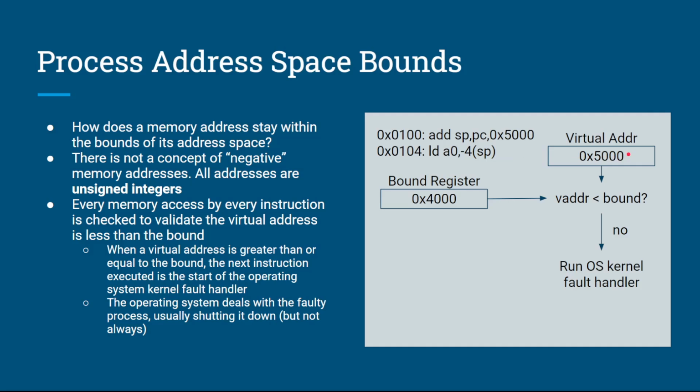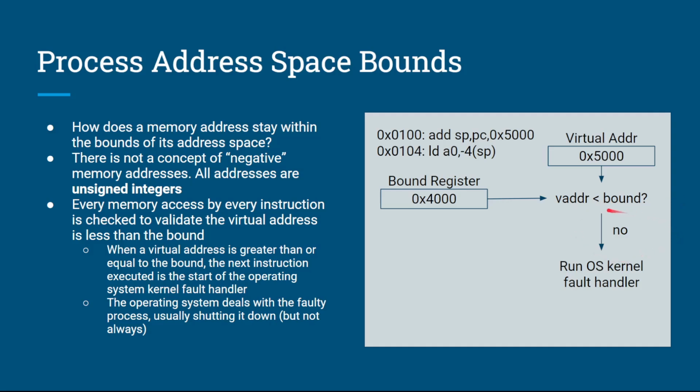When we perform this check to make sure that the bound is greater than the virtual address, we find that it is not, that the virtual address is actually greater than the bound, so we fail this condition.